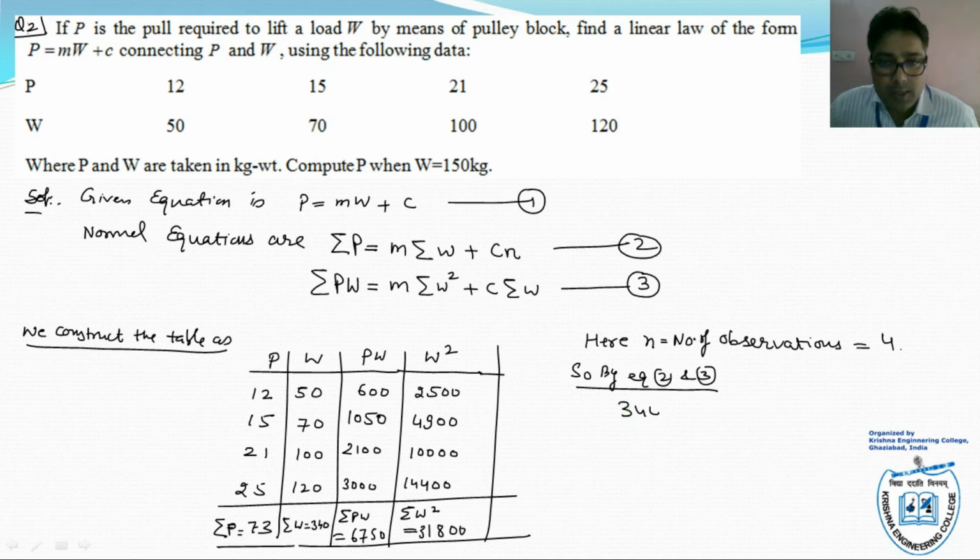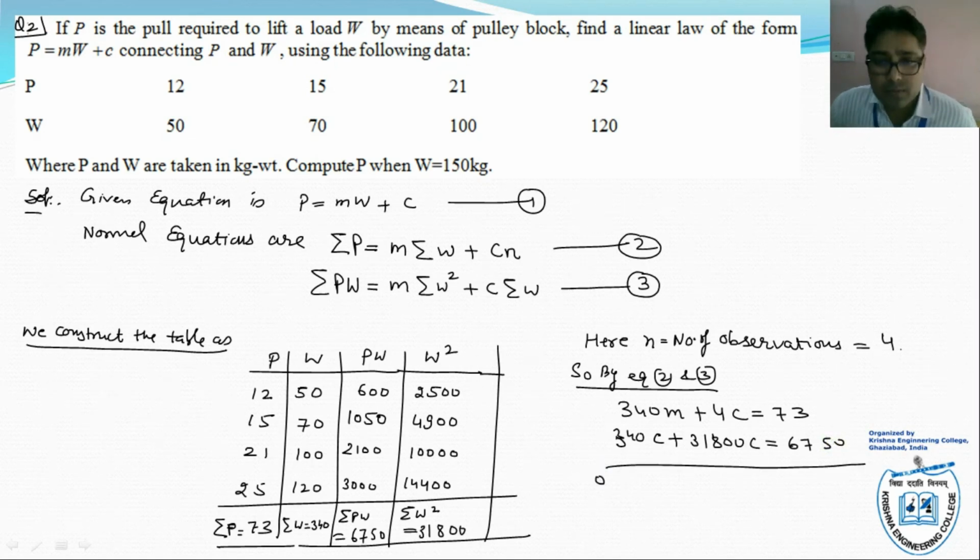So 340 into m plus 4c is equal to sigma P, 73, and sigma W, 340c plus m into sigma W square, which is 31800, into c is equal to sigma PW, 6750.